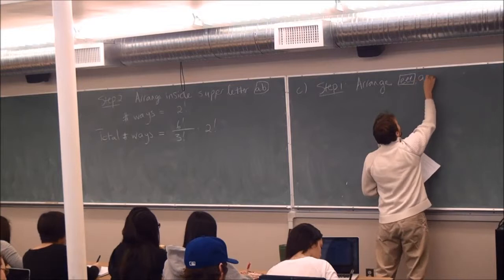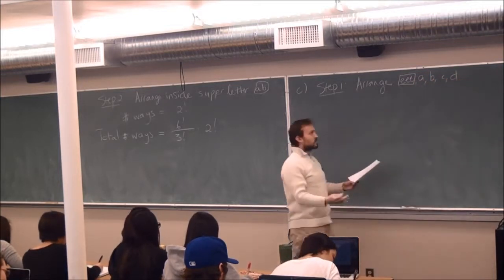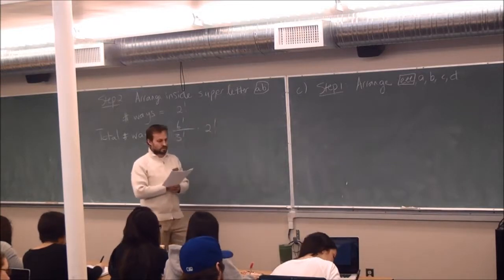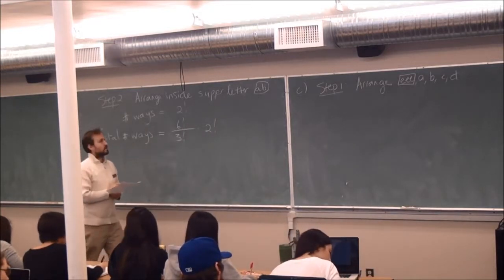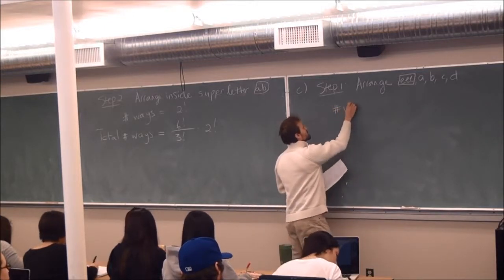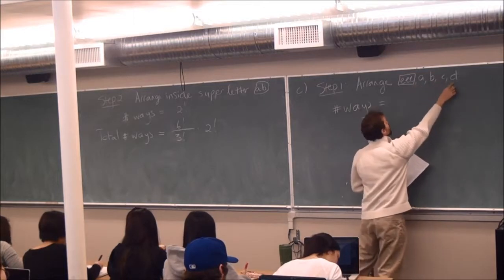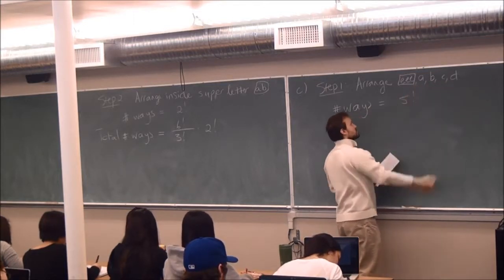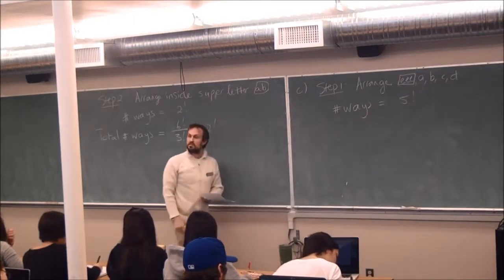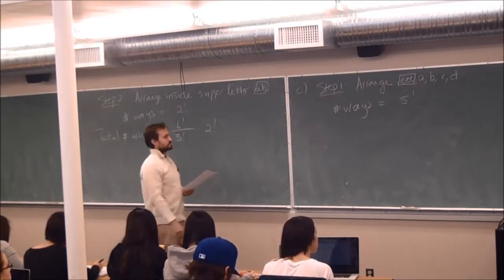I have an A, I have a B, a C, and a D. When I glue them together to make sure that they are always next to each other, those are my new set of letters. How many ways can I arrange them? 1, 2, 3, 4, 5 letters. And they're all different. So just 5 factorial.